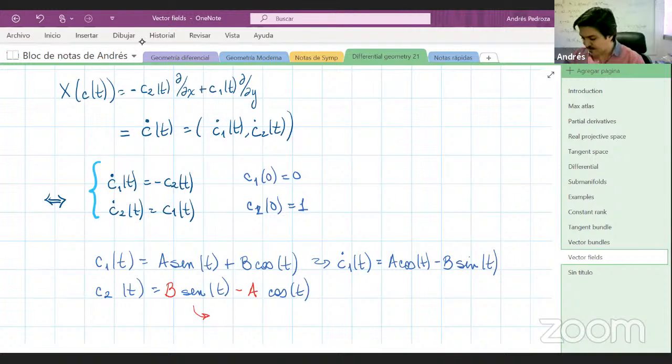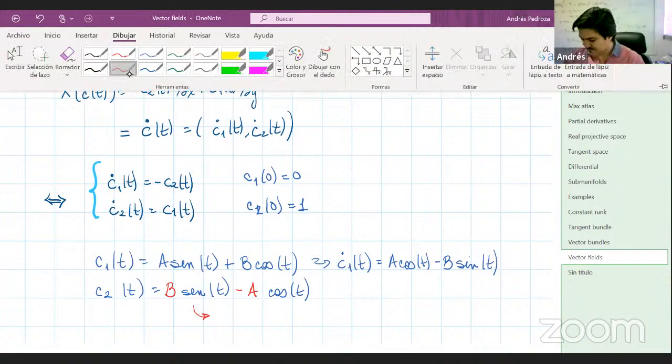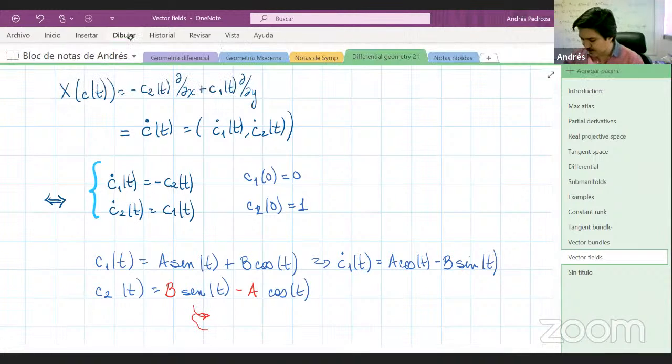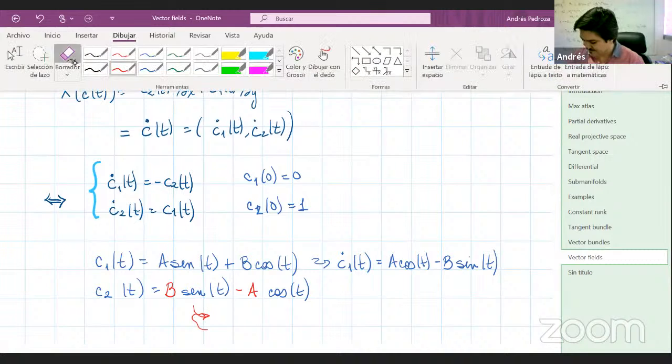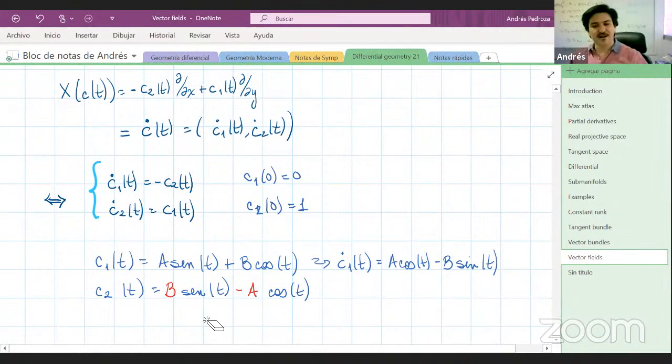So again, this is like a reminder. We have the solution, but we have two parameters, A and B. But that's no problem because we have two initial conditions. Okay?